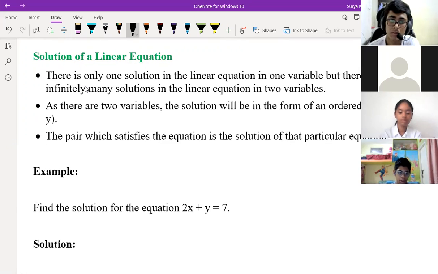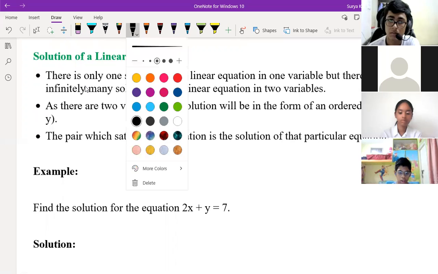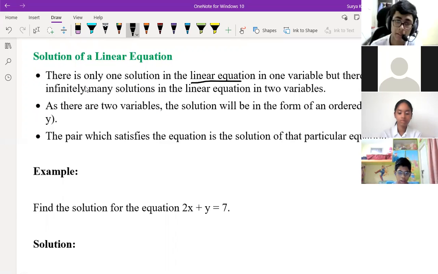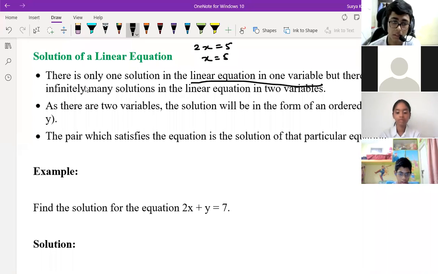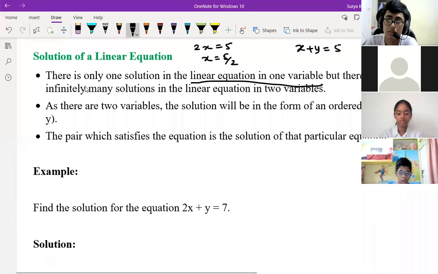How do you know? Because if I say linear equation in one variable, it means that if I ask 2x is equal to 5, so x is equal to what should you tell? 5 by 2, correct? So there is only one solution in a linear equation in one variable. But if I give two variables, x plus y is equal to 5, so many solutions will come, infinitely many solutions, right?